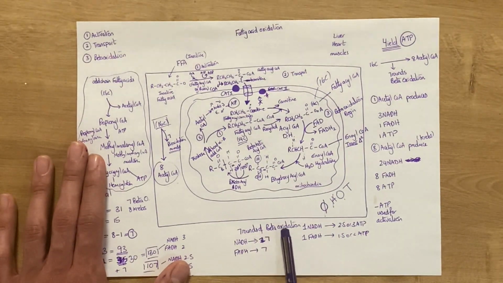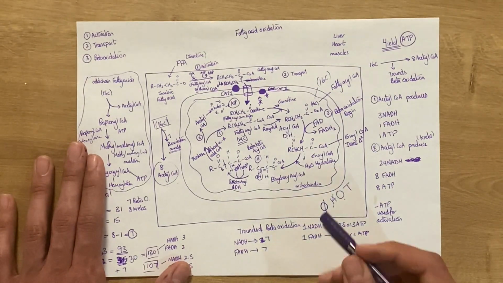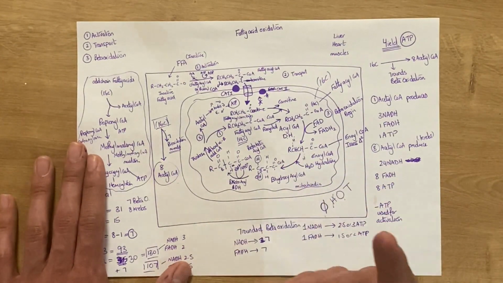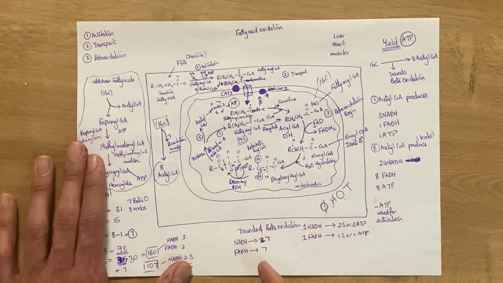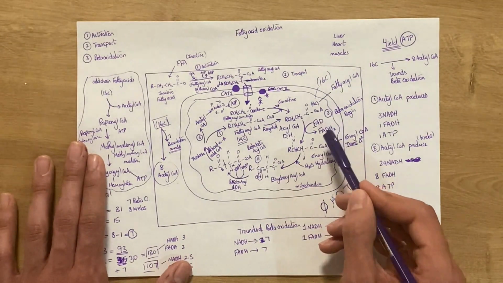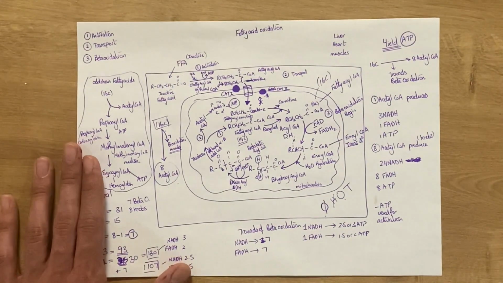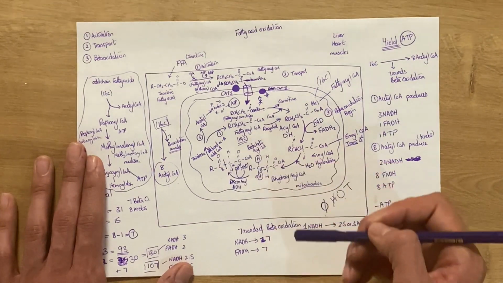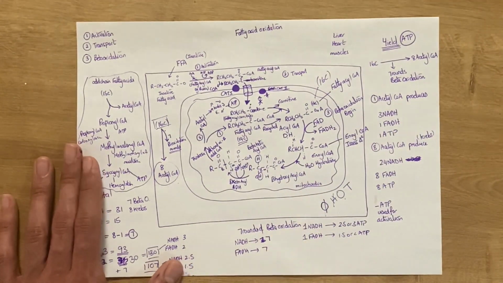So 7 rounds of beta oxidation would give us 7 NADH. Why? Because in 1 round of beta oxidation, we have only 1 NADH produced and also 1 FADH2 produced. So in 7 rounds, we have 7 times 1, 7 times 1, which gives us 7 NADHs and 7 FADH2s.